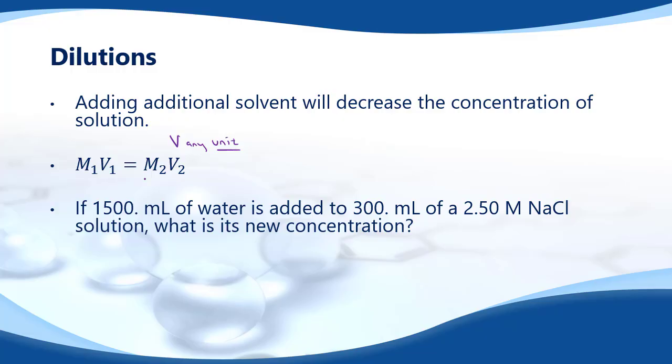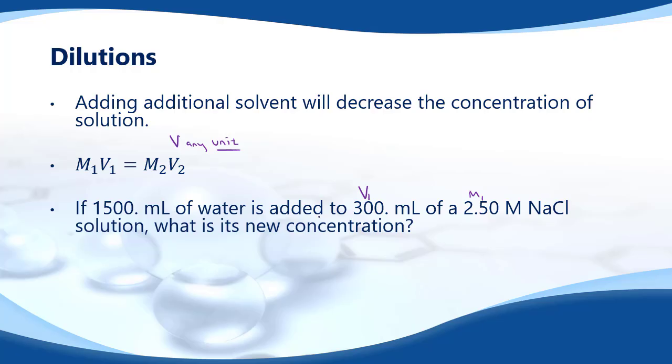All right, so what we have here is 1,500 mils of water being added to 300 milliliters of a salt solution, and we want to know the new concentration. 1,500 is not a volume that I'm going to be using. My initial volume is 300 mils. That's what I'm starting with. My M1 is 2.5 molar. Now, this part, I put in to be a little bit tricky.